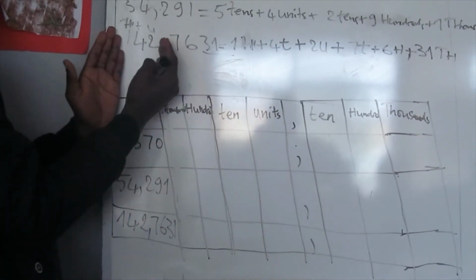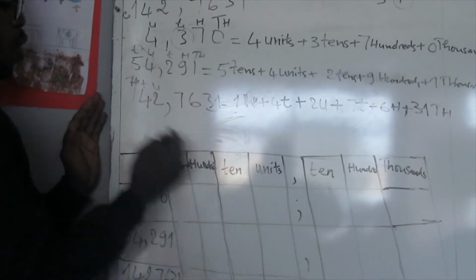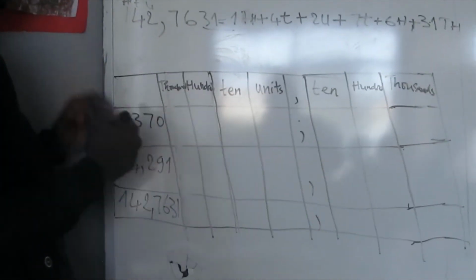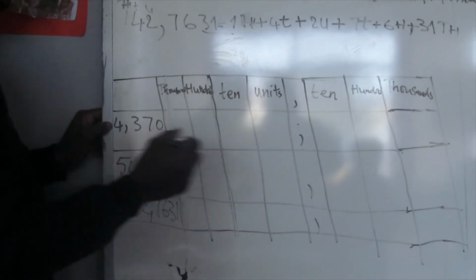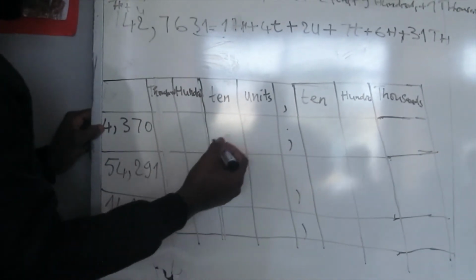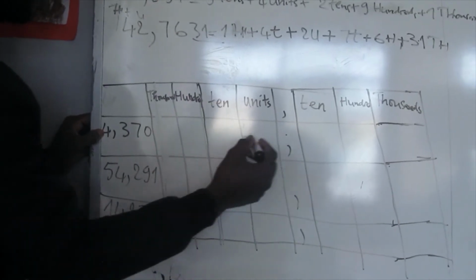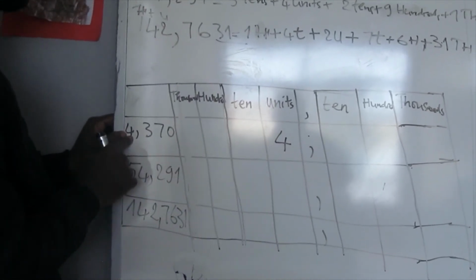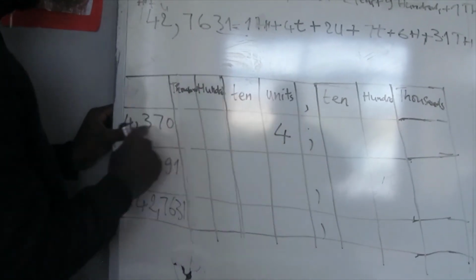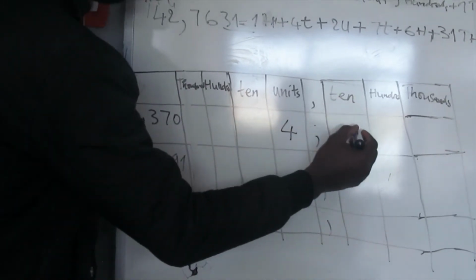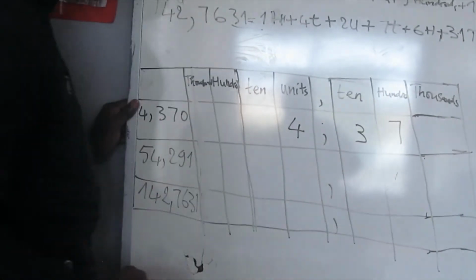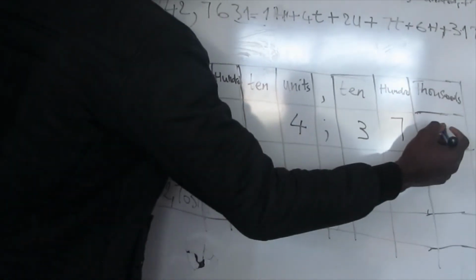From your whole number, before the comma, you have unit, tens, 100 and thousand. In this number, before the comma we have 4 units. Then after the comma, the first digit is 3, the second one is 700, and the third one is 1,000.